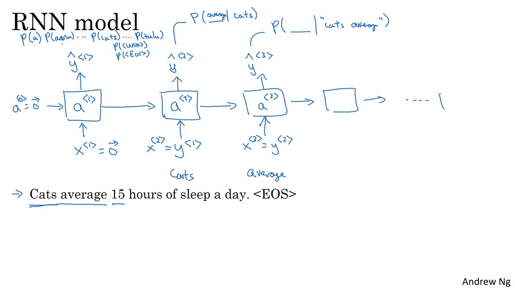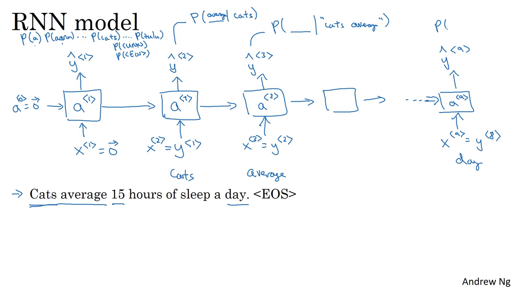Until at the end, you end up at, I guess, time step 9, you end up feeding it x9, which is equal to y8, which is the word day. And then this has a9, and its job is to output y hat 9, and this happens to be the EOS token.